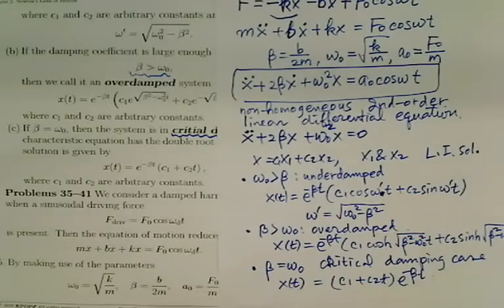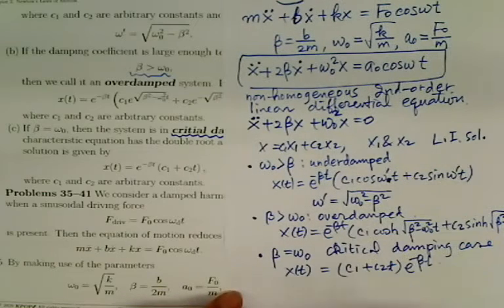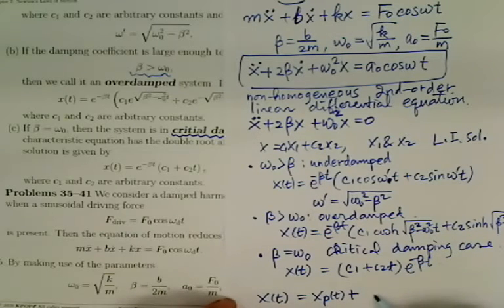And once you know the answer for the homogeneous equation, you combine this result to be x of t equals x particular solution plus x of t homogeneous.